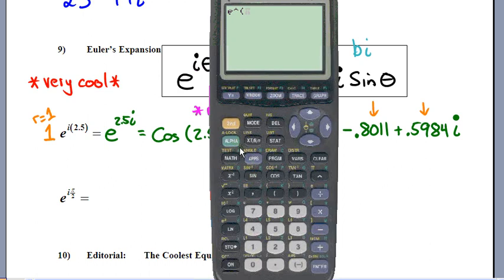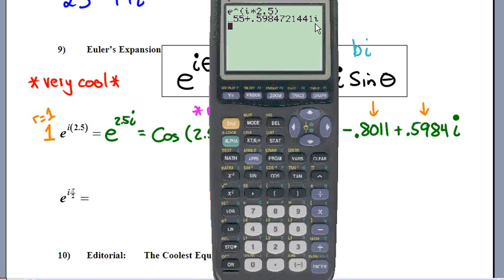I'm going to put an imaginary number up there, i times 2.5, and it's like, whoa, Euler. And then it comes back and gives this to me. Now it's long, it's got like 13 decimals twice, but it does have the negative 0.801. It's all there. I just have to wiggle over to the side to see the rest of it, and wiggle way over before I can see the i. I imagine if I had a fancy new TI-84 color edition, it probably lets me see the whole thing.